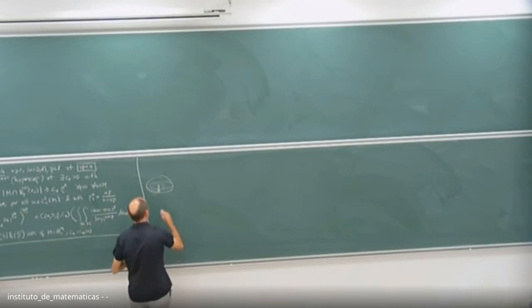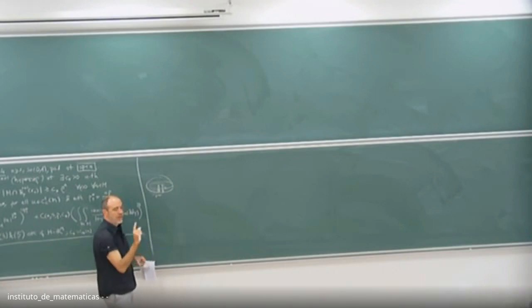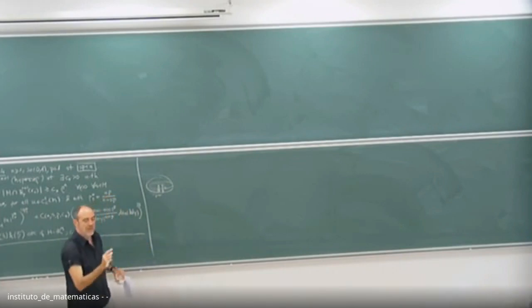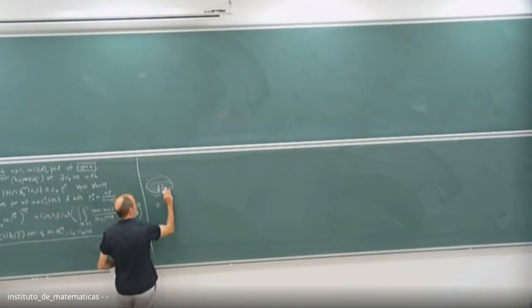You see, r large, this is r, this is of order 1. What is the perimeter of this cigar? These spheres are of radius 1, and this is rho. So this perimeter here is of order rho.